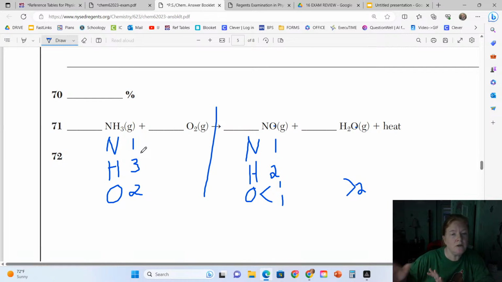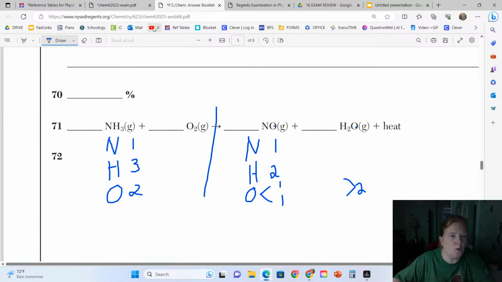So when I look at this, what is wrong is hydrogen, right? Hydrogen is not balanced. But I'm going to go for a strategy to help you balance an equation that, if you are stuck, can get you to the right answer.